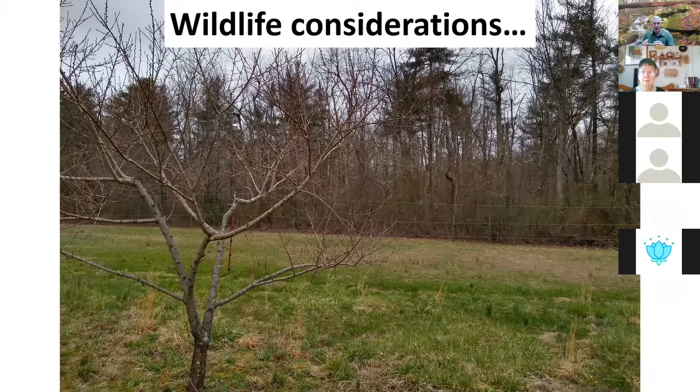I also mentioned wildlife considerations. More often than not, I deal with homeowners that say, I've got these fruit trees and I'm going to put them in the back side of my landscape away from the house.